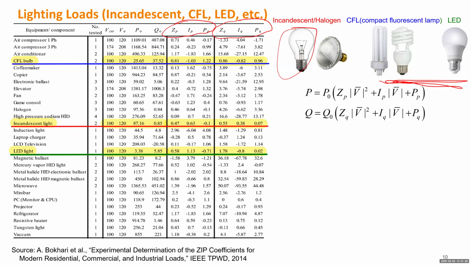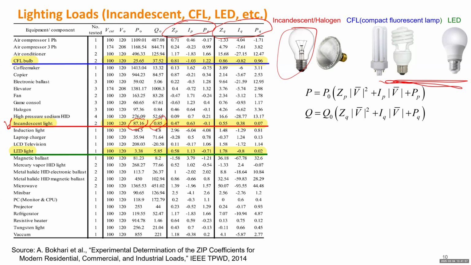If we see the incandescent light, the old one, its first one is P0, like 0.87, and Q0 is 0.85.